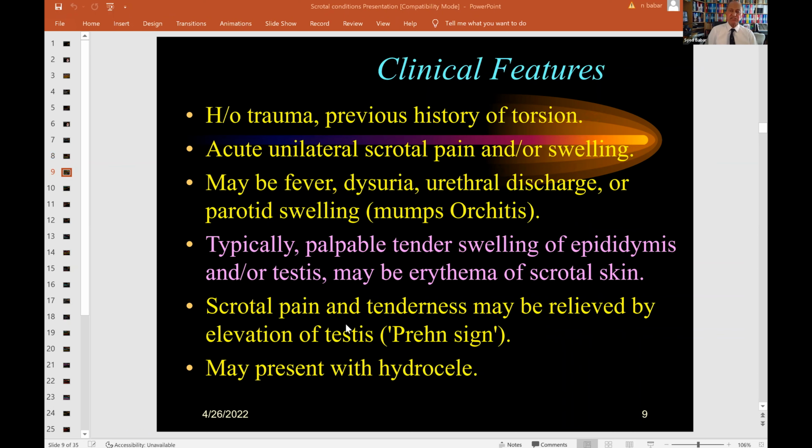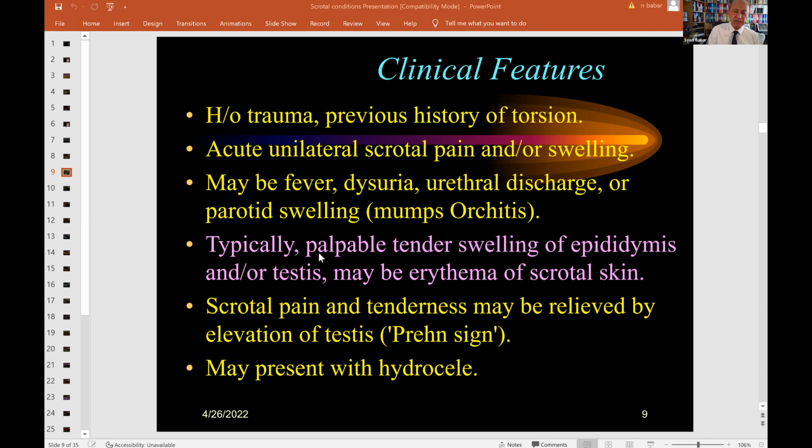So the clinical features when considered for epididymoorchitis: you need to exclude torsion, which would mean there is a history of either trauma or past history of torsion and detorsion. There could be acute unilateral scrotal pain and/or swelling. Particularly with epididymoorchitis, there may be fever, dysuria, urethral discharge, or parotid swelling.